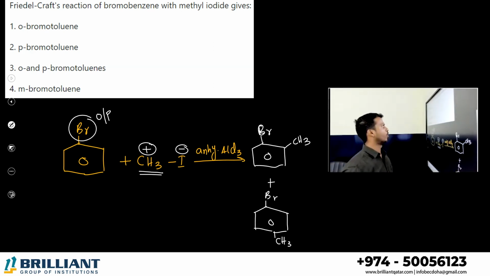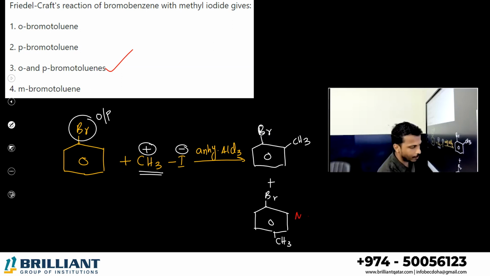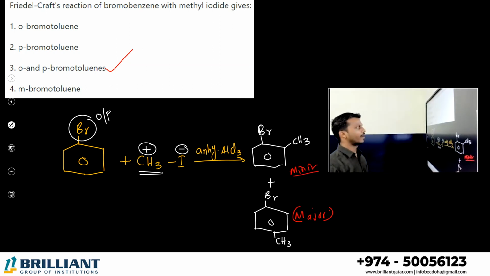Ortho-bromotoluene and para-bromotoluene will be the product. So that is option C. You will get both. You studied that ortho-para directing group means not one, they will give you both products. Among that, para will be the major and ortho will be the minor.